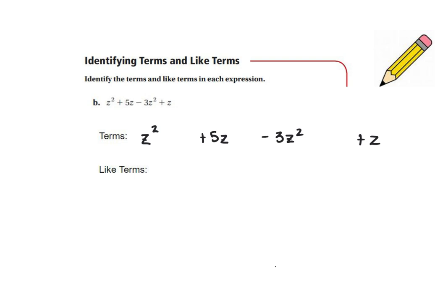Now my like terms are going to be z squared and negative 3z squared. And then I will have 5z, and I have plus 1 more z.